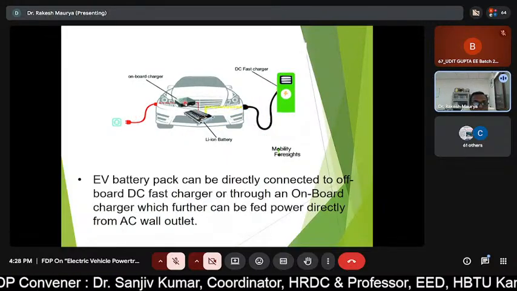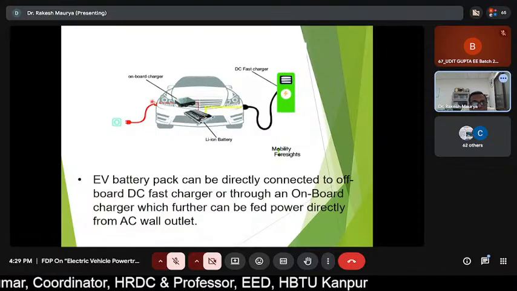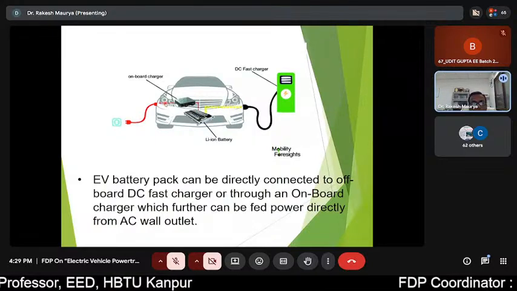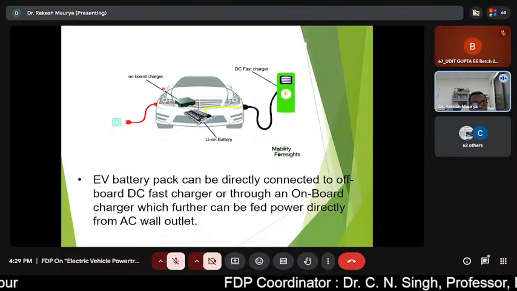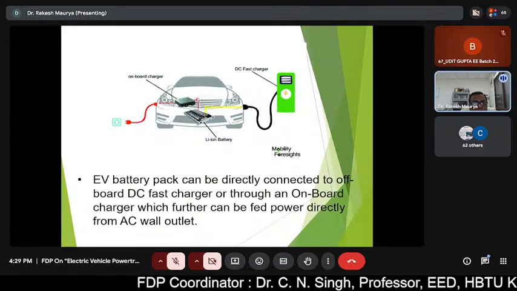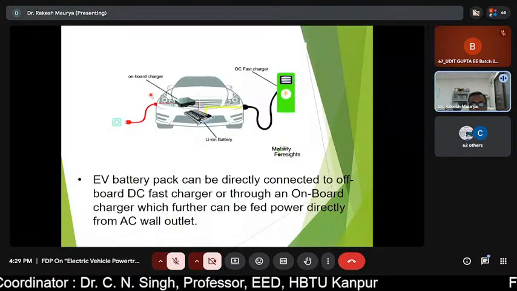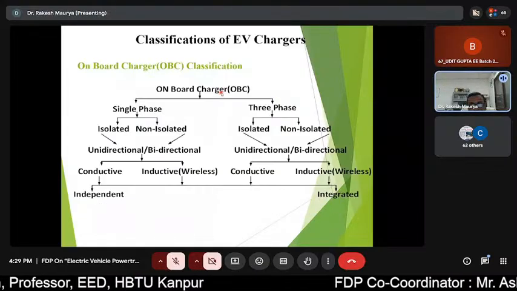Whereas at this red socket, the onboard charger terminals are available, which you can use at your home or at a place where you have a large amount of time and want to plug in through your own charger. So these are the two sockets available in most electric vehicles.